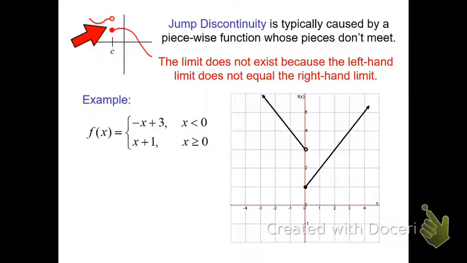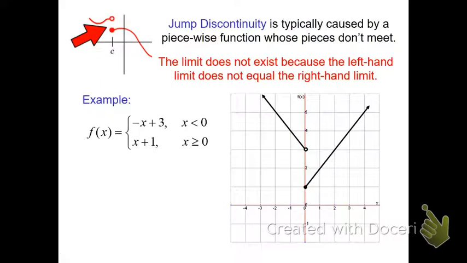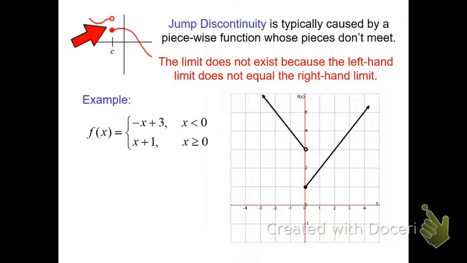Now just to show you what that graph actually does look like, this is the left side. The left side of the graph is a line that stops at 0 but doesn't include 0.